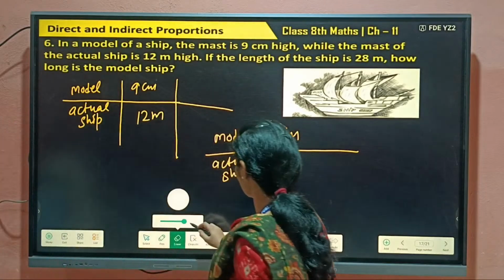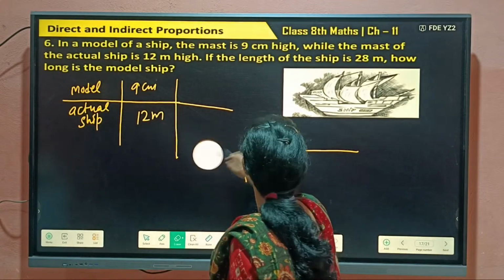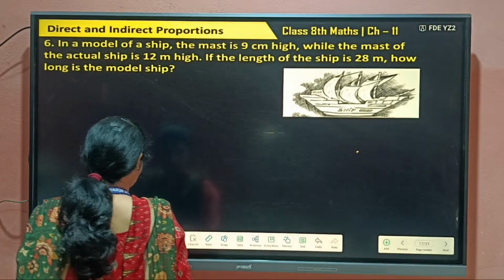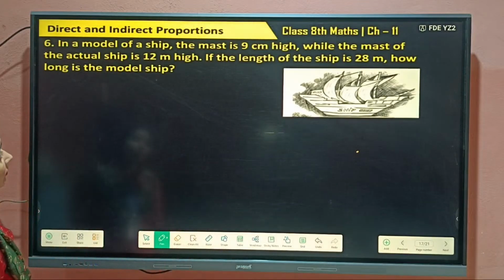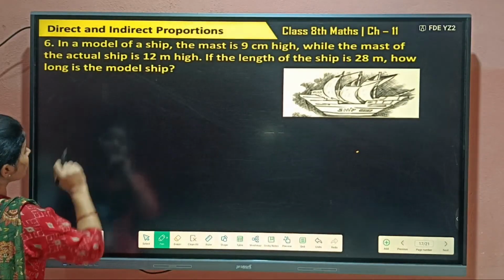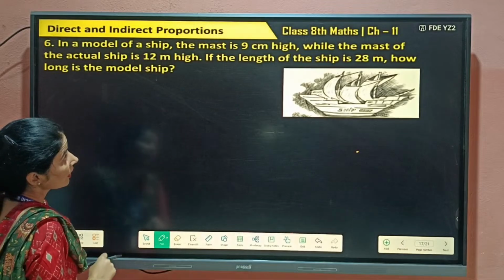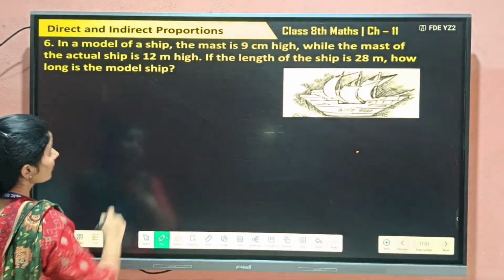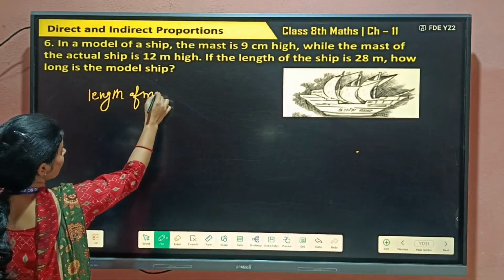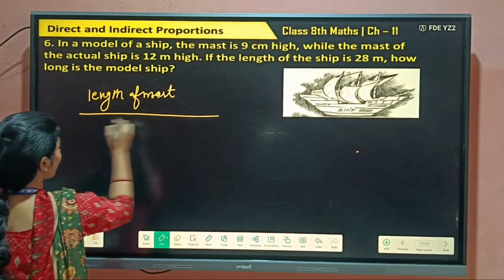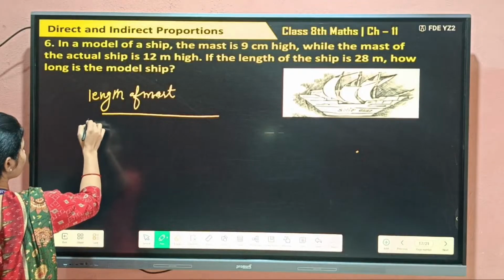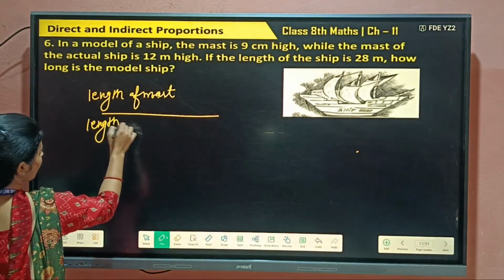Let us do this question again. In a model ship, the mast is 9 centimeter high, and while the mast of the actual ship is 12 meter high. If the length of the ship is 28 meter, you will write length of mast and length of ship.